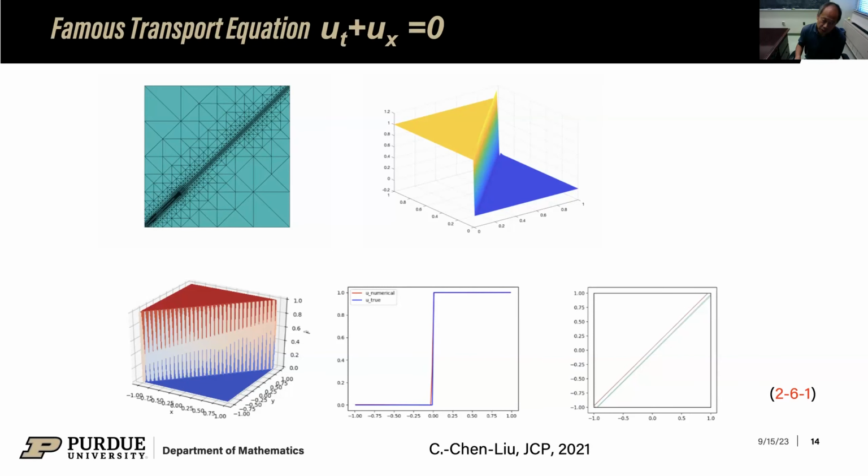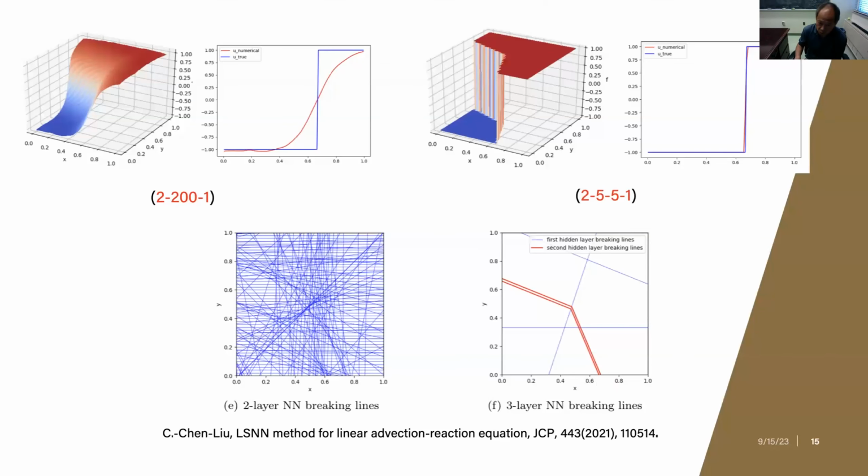Then the next one, of course, if your velocity field is not constant but piecewise constant, then what happens? If it's piecewise constant like this one, and I'm using 1 hidden layer, no matter how many neurons I use, the solution I produce smears out the shock. That's a very typical feature of least squares.